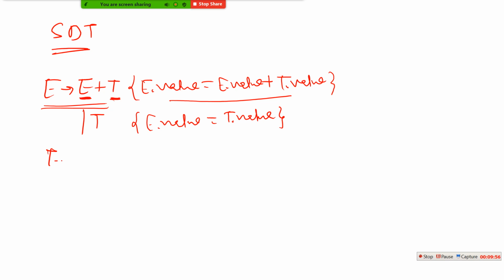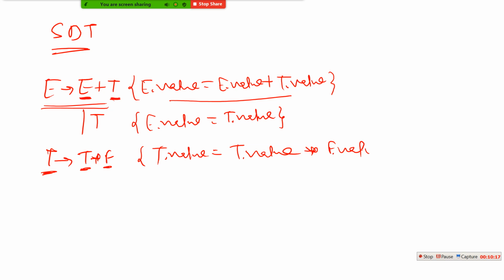The next transition is T derives T star F, and what I need to do here is that this T dot value is equal to this T dot value multiplied with this F dot value. So basically semantic rules are telling me what I need to do. Semantic rules help me do whatever is written in the grammar, so it is a part of SDT.